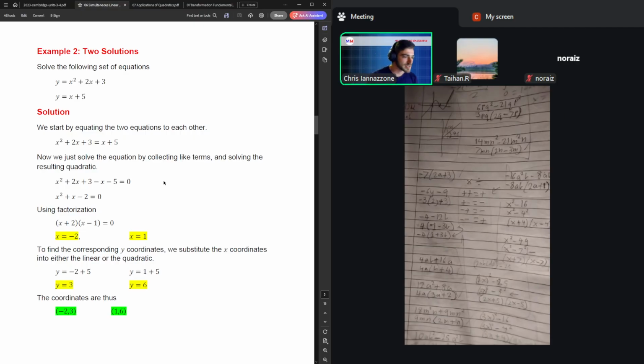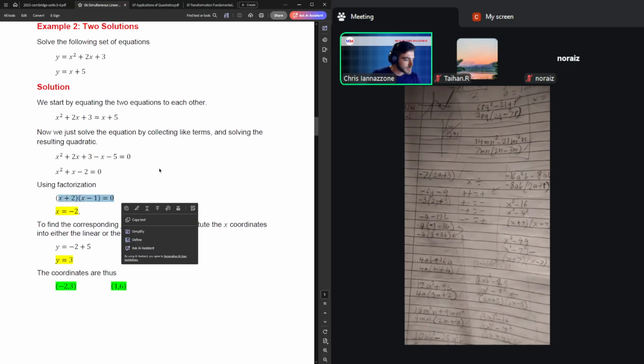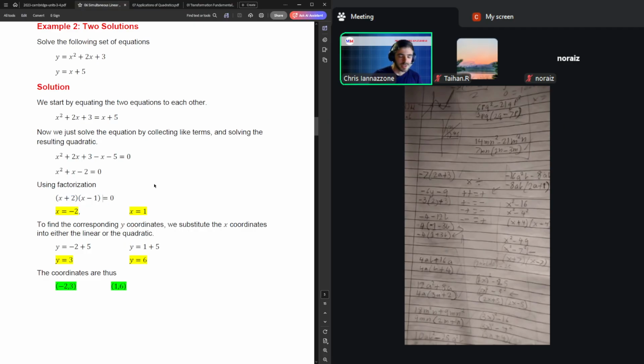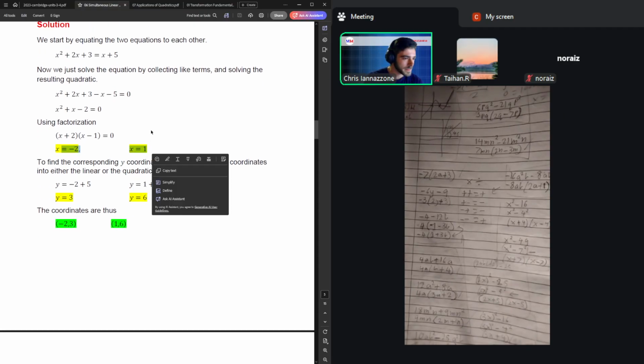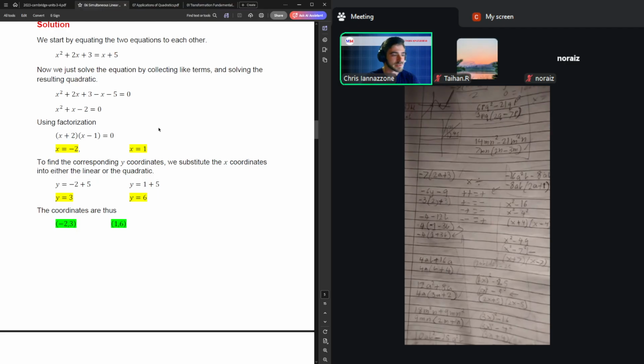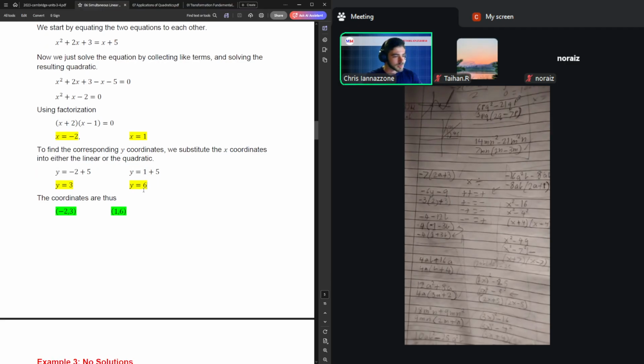So you'll still get some sort of quadratic by the end of it. This is just some other quadratic which you solve using whatever method you like for solving quadratics. In this case, factorization is the way I went. You've got quadratic formula, you've got completing the square if you really hate yourself, because that'll take a lot longer. There's plenty of options you have available there. Get your two solutions, shove them back in to get your two y values, and you'll get your two sets of solutions there.